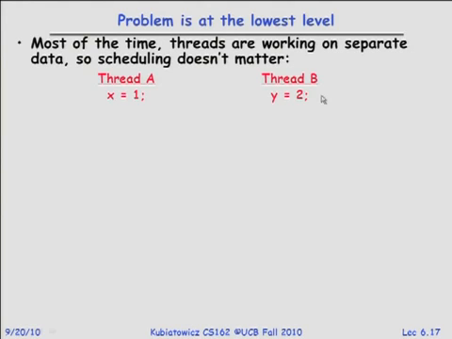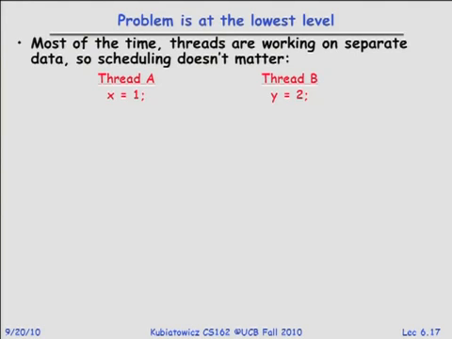Is that a problem? It doesn't matter whether they do it at the same time or different times, before or after. Why? The data is different. This is an example where the threads are not sharing data, so the interleaving doesn't matter.